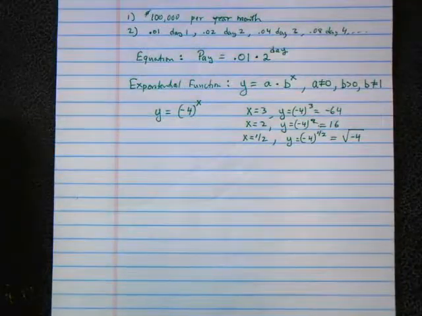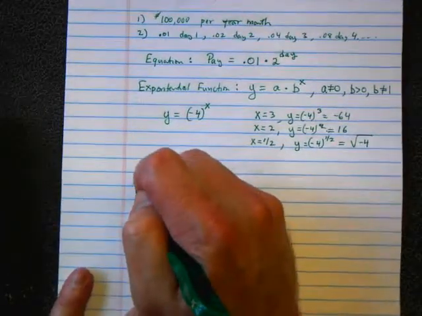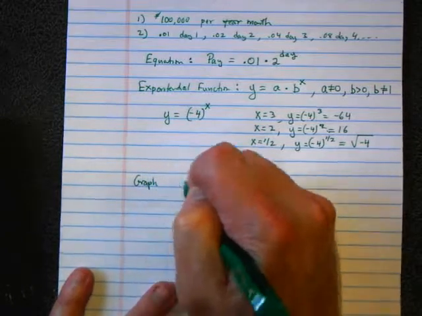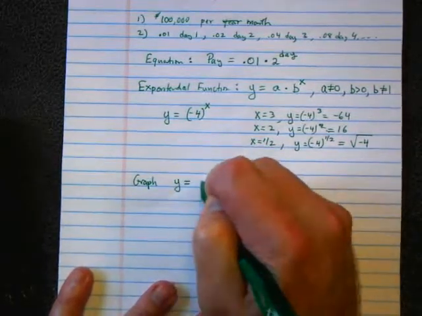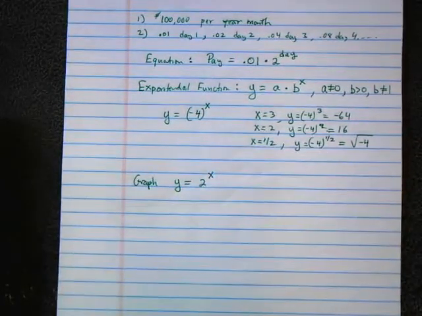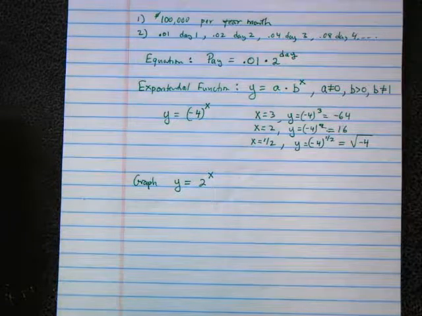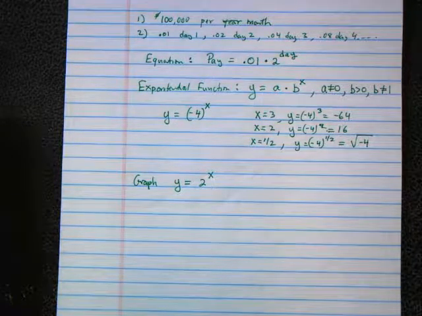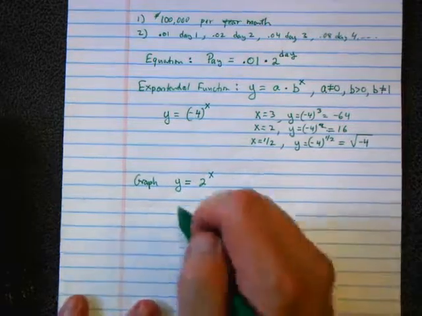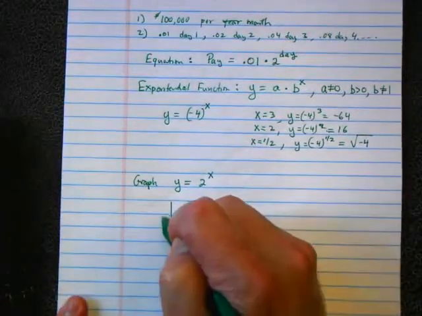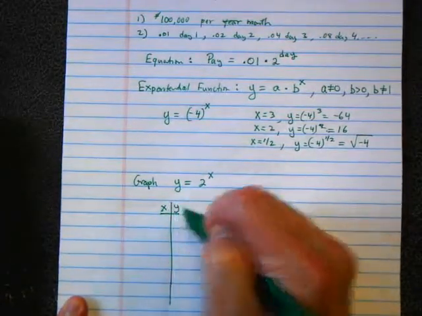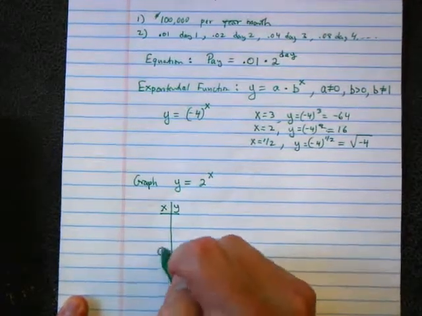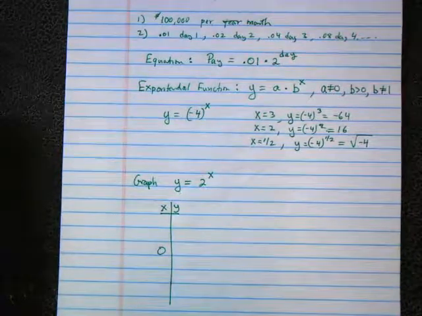All right, so the first thing we're going to do in this section is look at graphs. Let's start with a fairly easy function. Graph y equals 2 to the x. Well, we really don't know much about this function at this point, so we would probably build a table. We always plug in 0 because 0 is a nice easy number.